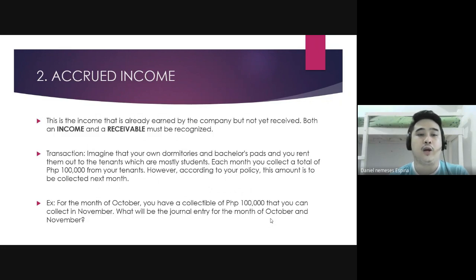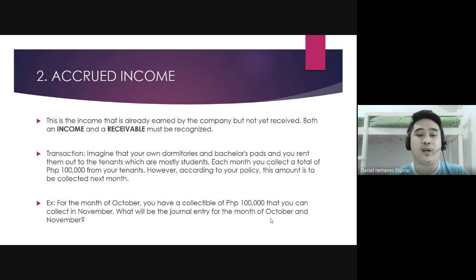So for example, we have a transaction. Imagine that you own dormitories and bachelor's pads, and you rent them out to the tenants. Tenants are those who are living in, or renting, the pad or the dormitory. Each month you collect a total of 100,000 pesos from your tenants. At the end of the month, you are going to collect 100,000.